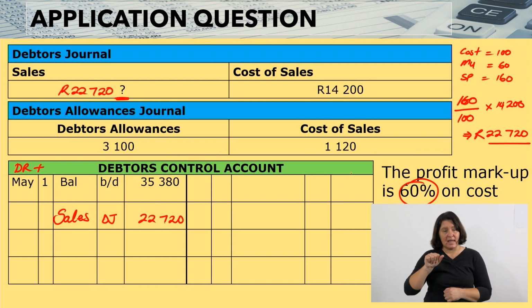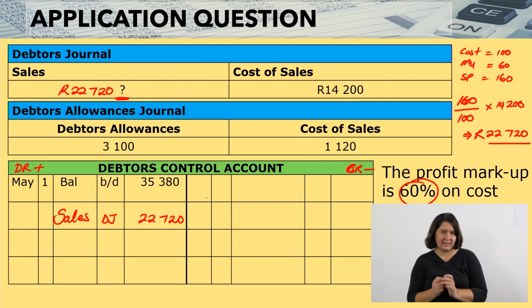Remember, debtors allowances will therefore decrease my debtors control account, so I'll record it on the credit side, which is the minus. I will therefore come here and say debtors allowances, and my debtors allowances are coming from the DAJ.